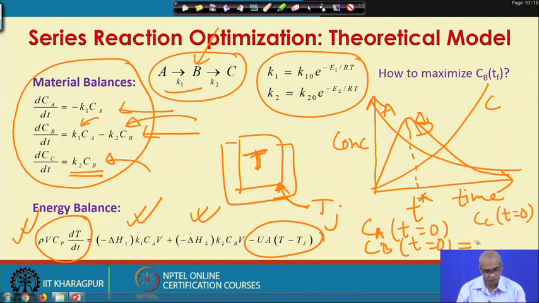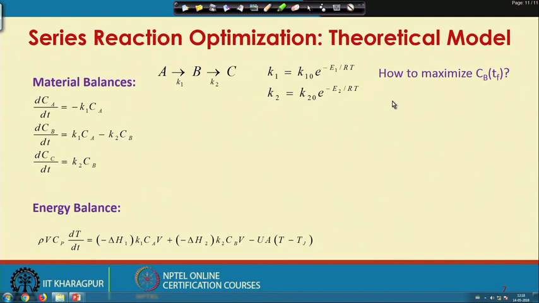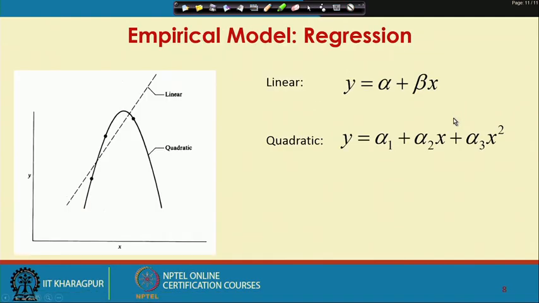Note that Cb at t equal to 0 is 0, Cc at t equal to 0 is also 0. We start only with Ca. So, the amount of Ca should be specified. So, this is a theoretical model where you write mass balance equation, energy balance equation, constitutive relations to build the model.